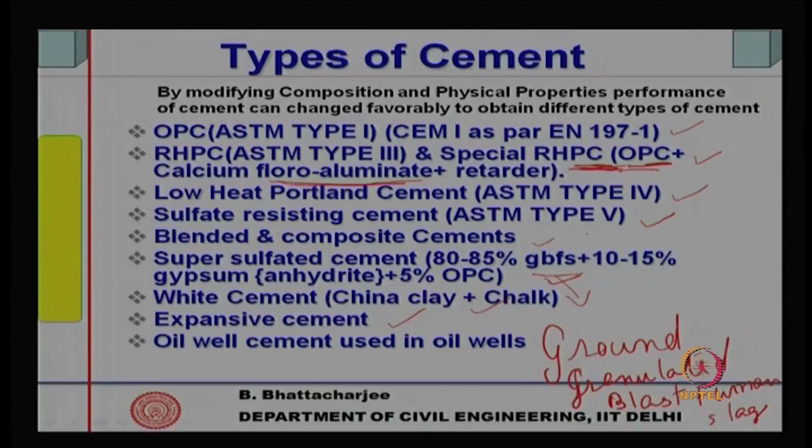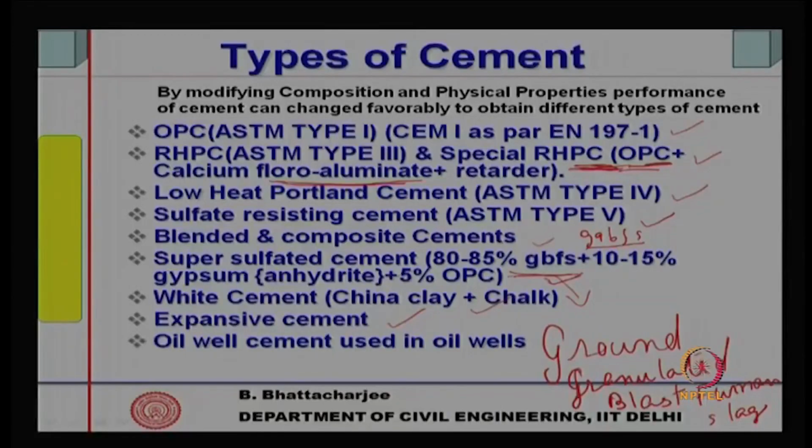GGBFS has almost the same oxides as the cement. We will see that a little later. A high quantity of this material is used in super sulphated cement, around 80 to 85%, mainly meant for sulphate resistance, and 10 to 15% of gypsum with 5% OPC.